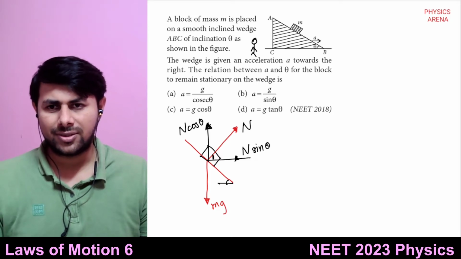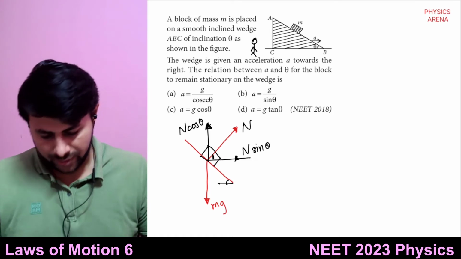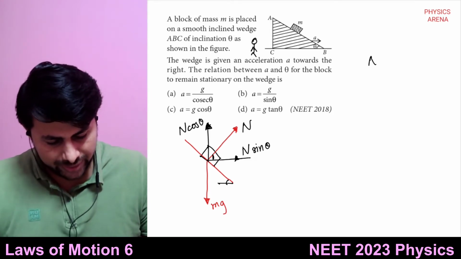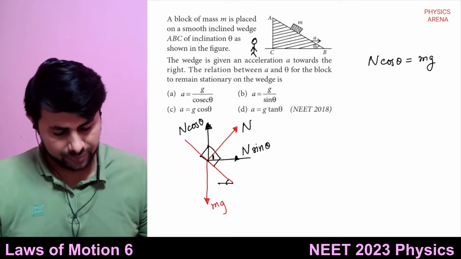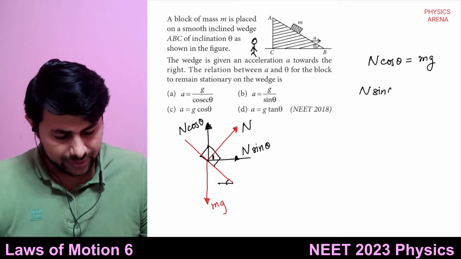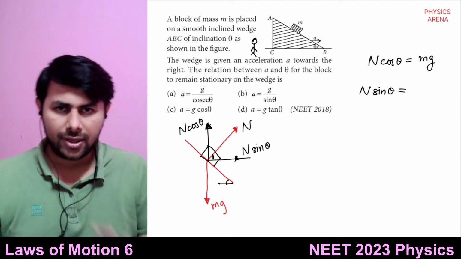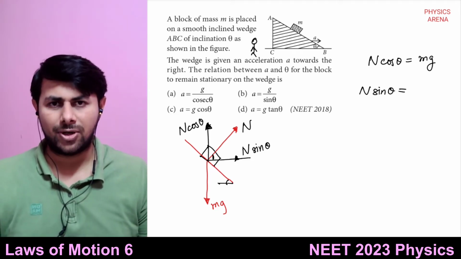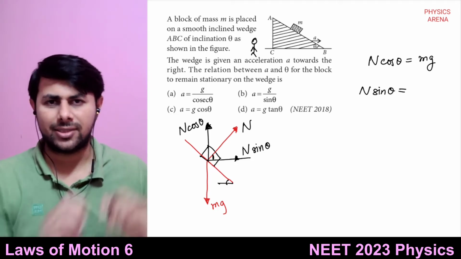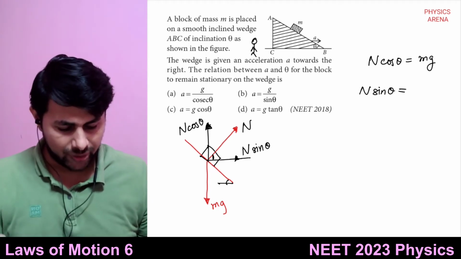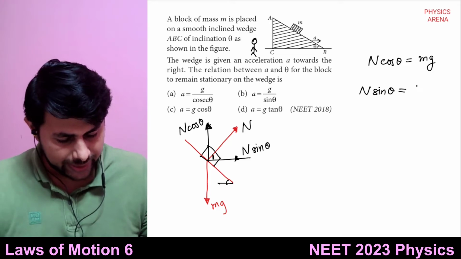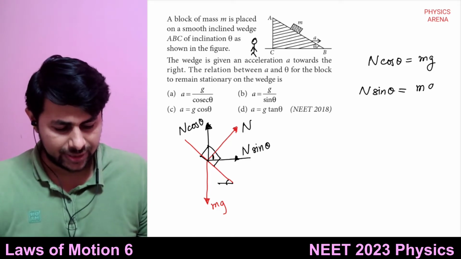Got this? Yes, no? Okay, so I can say n cos theta is equal to mg, and n sin theta is equal to what? The horizontal force acting on this block. It is m times the acceleration a.